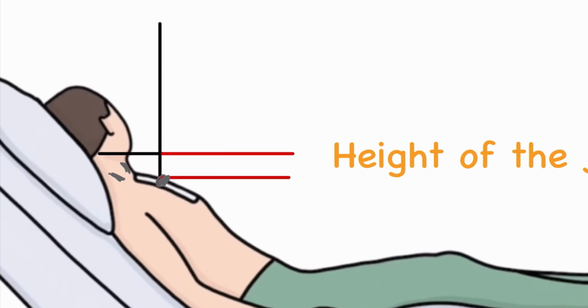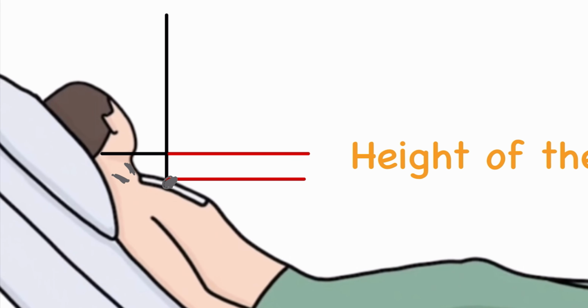Assume that when you shine the torch, you can see the pulsations till here. Sometimes you can see it till here. So assume that the pulsation is seen till here. So you should put your scale in a way like this, straight to the angle of Lewis, the sternal angle, and you should measure this height.